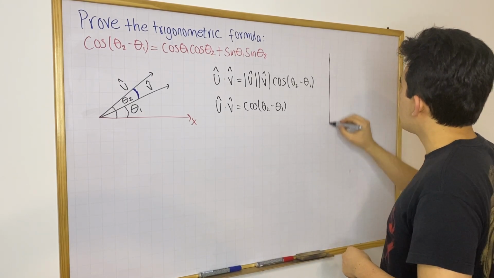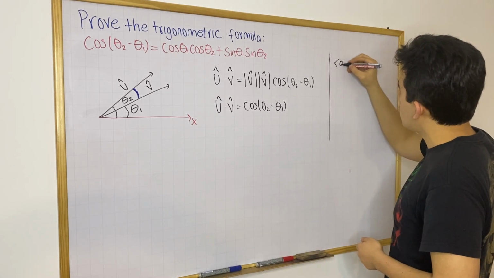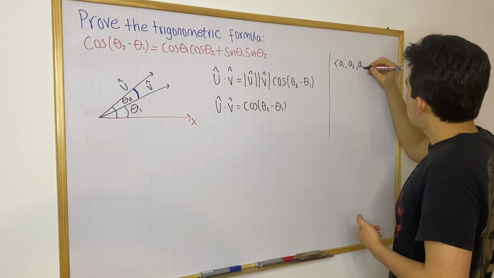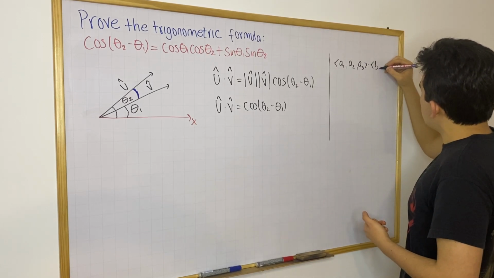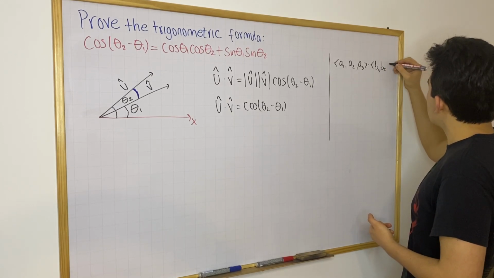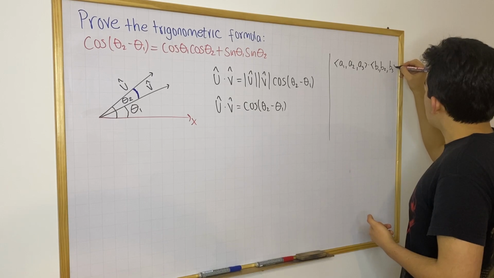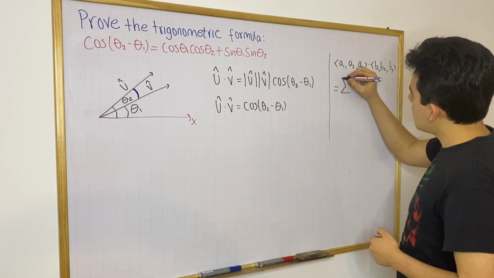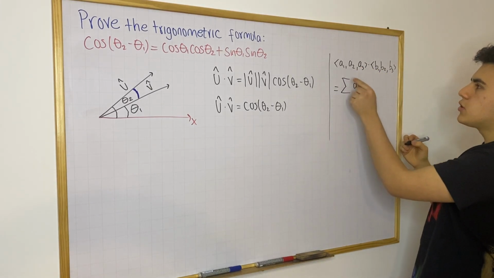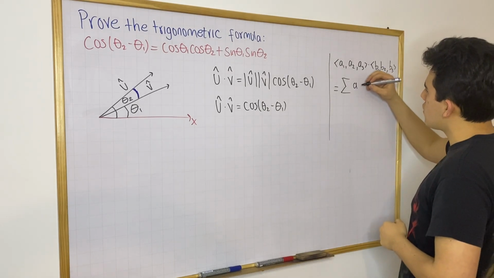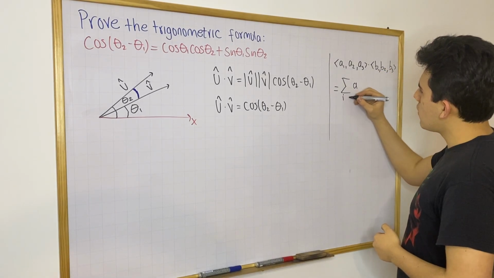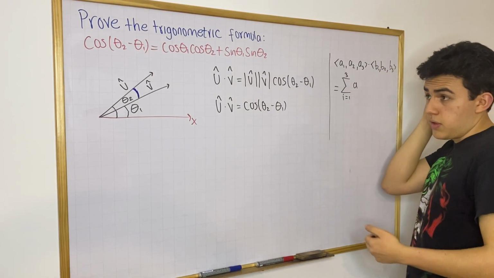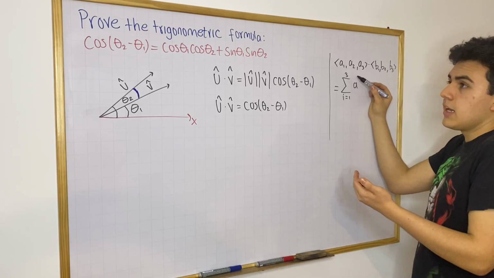If you have two vectors, A1, A2, A3 dot B1, B2, B3, the dot product is equal to a series in which you multiply the corresponding components of the two vectors and add them all up. This series goes from i equals 1 all the way up to 3, which is the number of components that you have. If you're in higher dimensions, it will just be the n dimensions that you have.